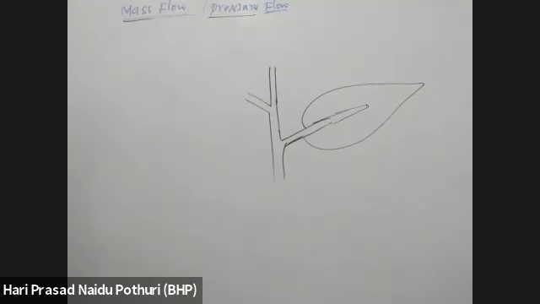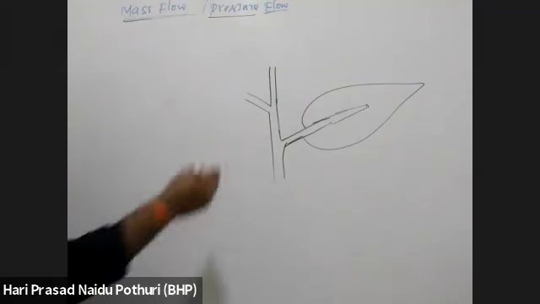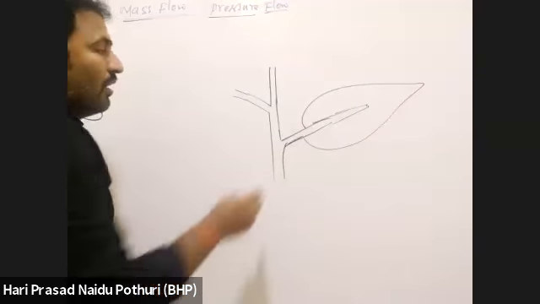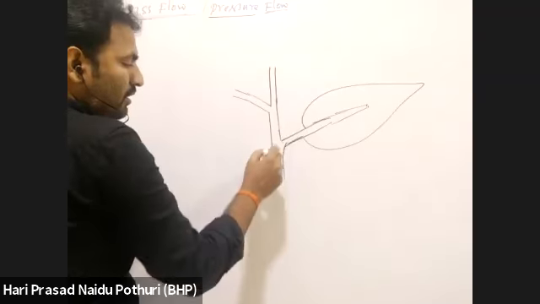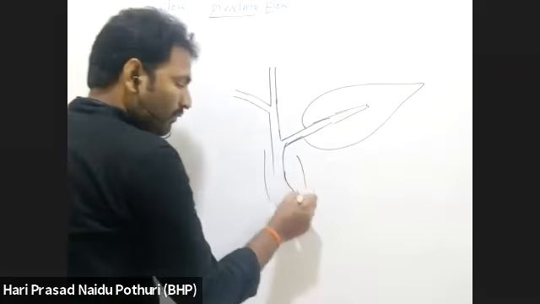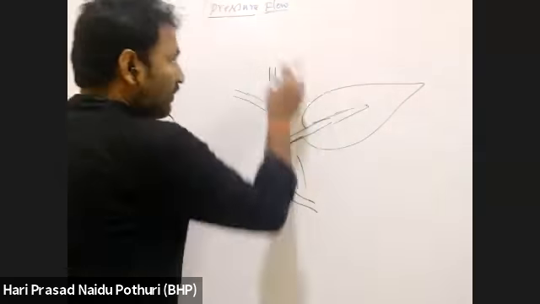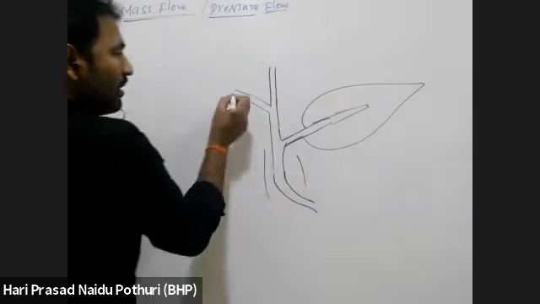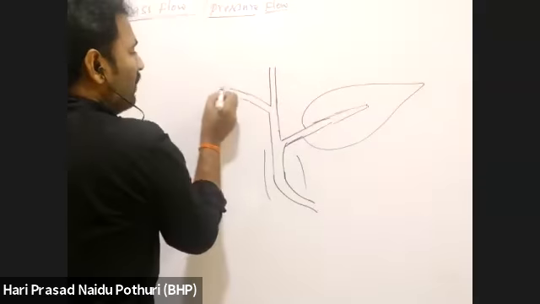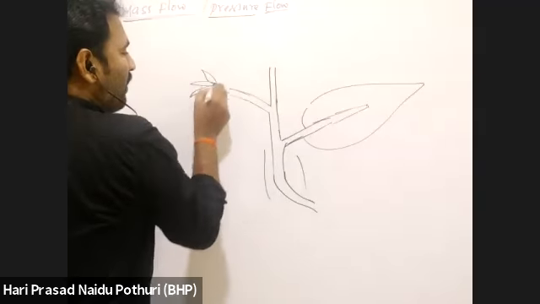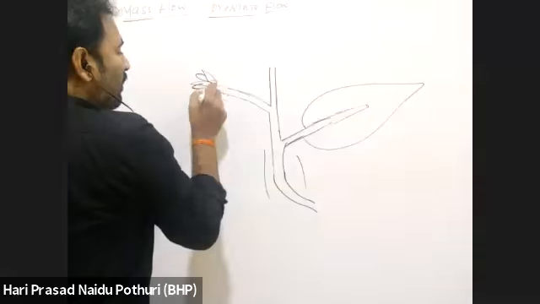This is one leaf. This is a phloem column present in the plant stem, running from the top part of the plant to the bottom part. Suppose this leaf is connected with the phloem column, and the same phloem column is connected to a bud of the plant.